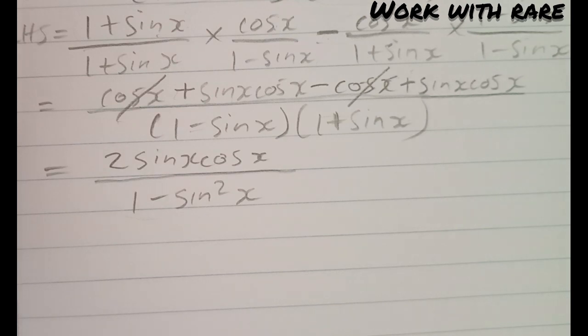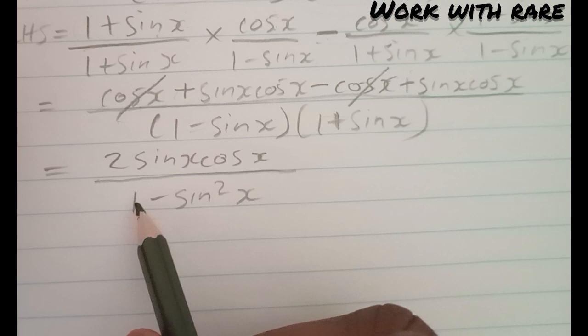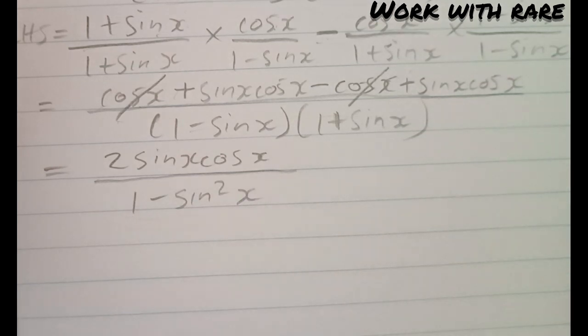After this step, remember sine squared plus cos squared is equal to 1. If I make cos squared x the subject of the formula from that reciprocal that I just said, I will get this.